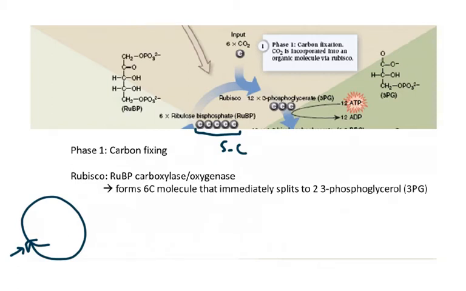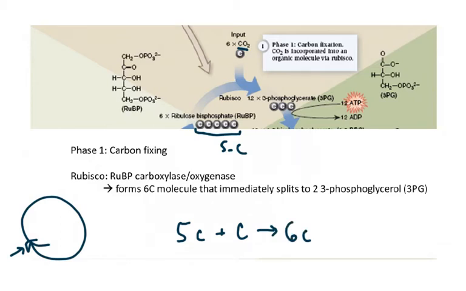And so all of this is within the stroma of the chloroplast. So this molecule is just kind of hanging out in there. It's like, oh, hey, I'm ribulose bisphosphate, just hanging out here. It's got 5 carbons. And first, it's going to combine with a carbon dioxide molecule. And so when it does that, the 5 carbons get added to the 1 carbon of a carbon dioxide, and it makes a 6-carbon molecule.